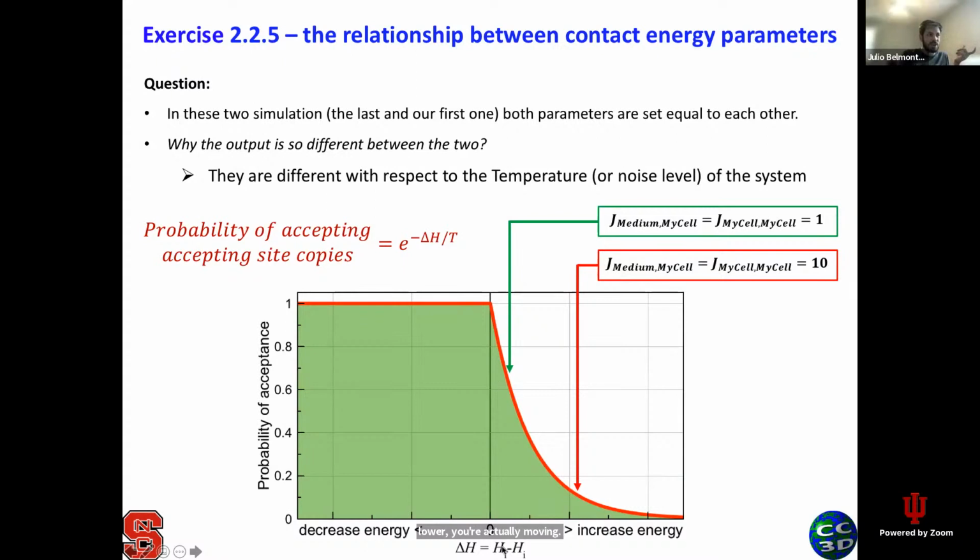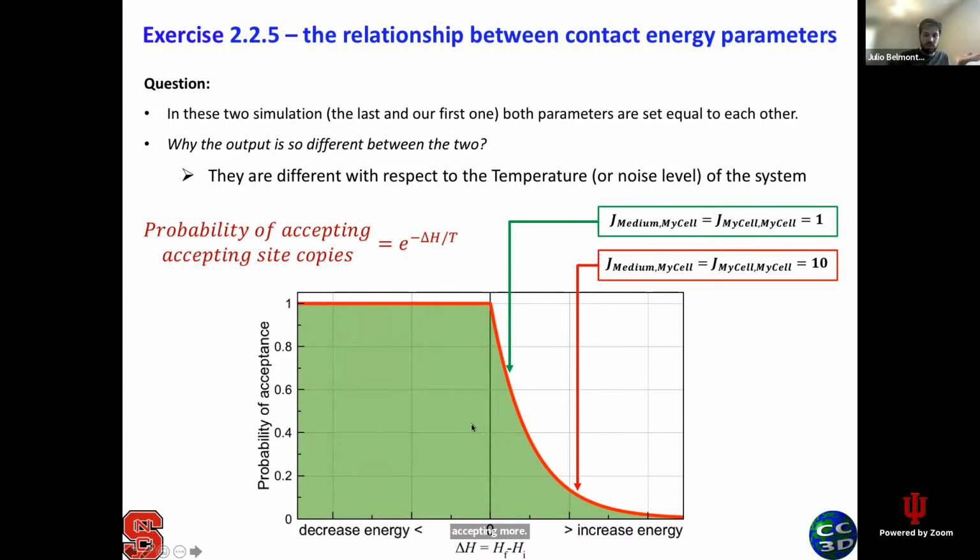Your energy changes are usually much smaller than before, so you're basically accepting many more site copies than you were doing before. So expect that going from here to here will change the behavior. Everything is going to look more rough because you are accepting more site copy attempts than before.